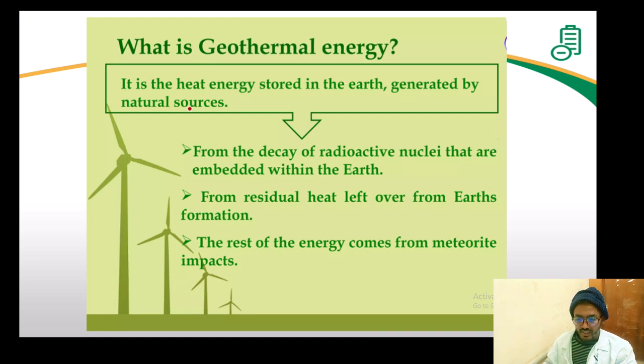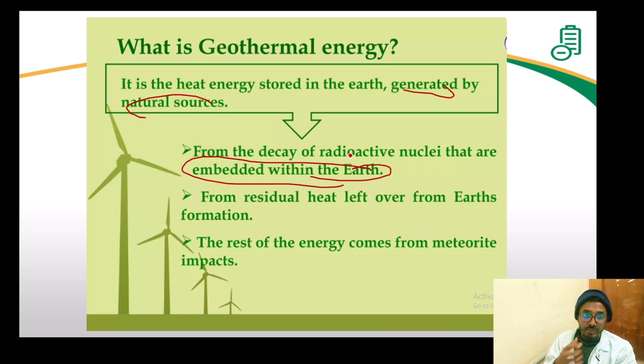So the first thing is we get this geothermal energy. The first source is from the decay of radioactive nuclei that are embedded within the earth. This is the first reason why we are getting hotter temperatures.